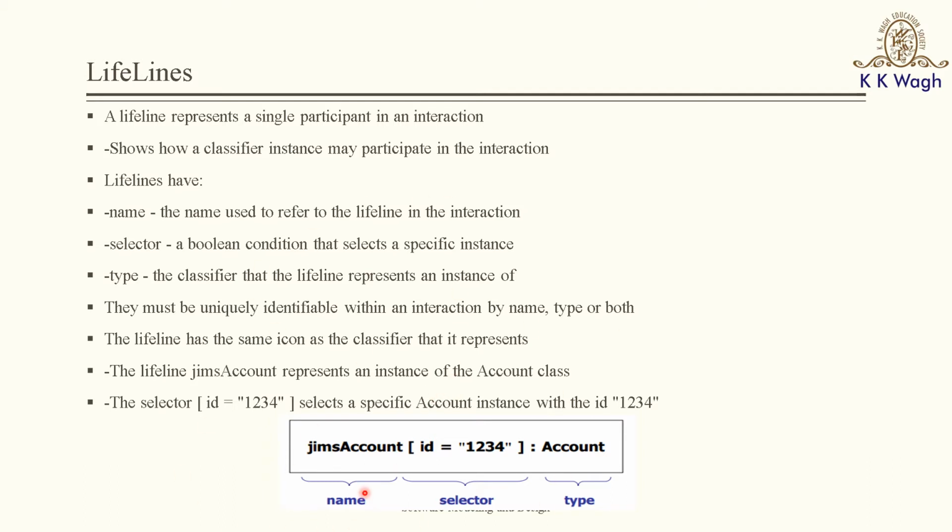And here you can also place one dotted line from this rectangular box towards the bottom, like this. This dotted arrow is present. So what is the use of this dotted arrow in a lifeline?